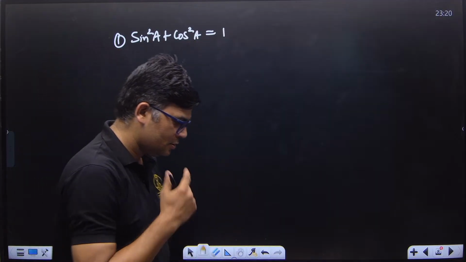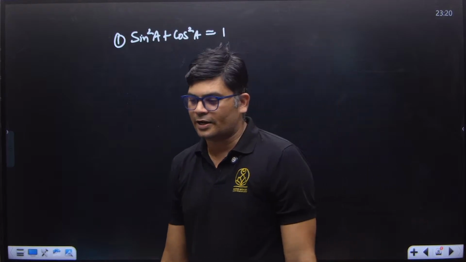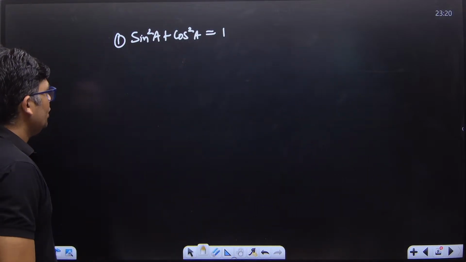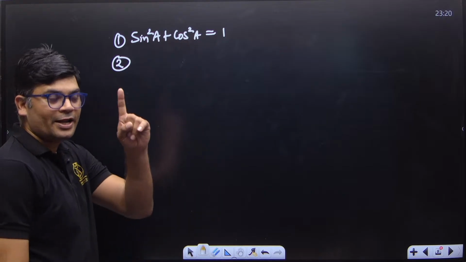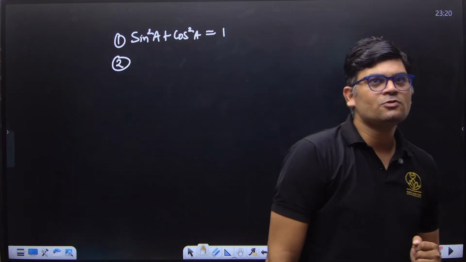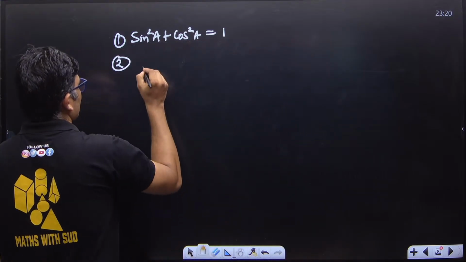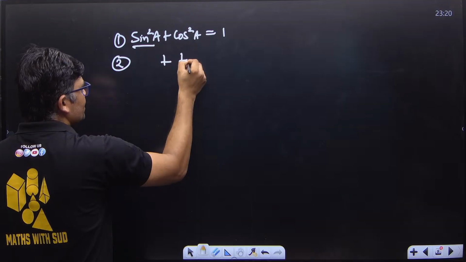Now if I divide the whole equation by cos square A, what will happen to sine square A? Sine square A by cos square A is how much? I told you earlier.